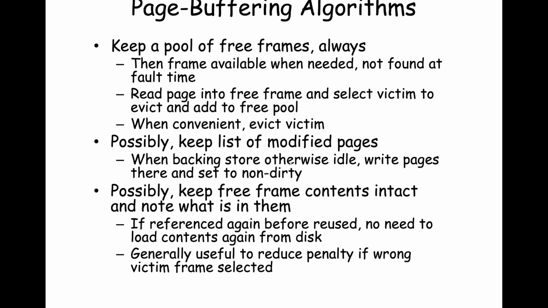Keep them on hand so that when it comes time to allocate pages to frames, you have them available when you need them, and you're not trying to find them when you get the page fault. So you read the page into a free frame, and then you still select a victim to evict, but that newly freed up frame from evicting a victim gets added to the pool of freely available frames.